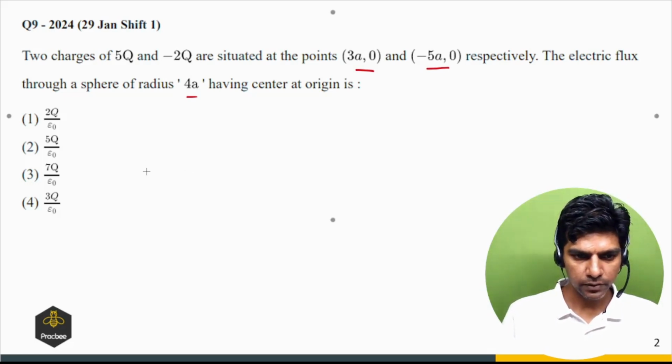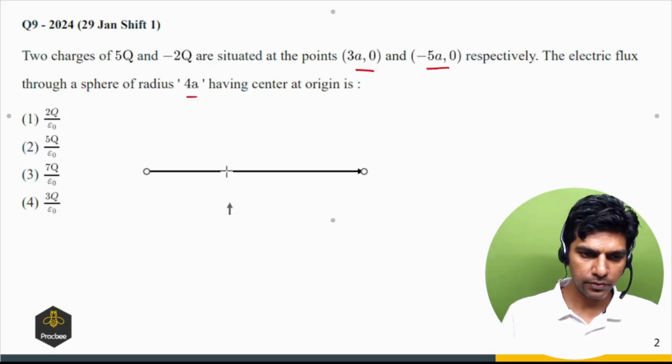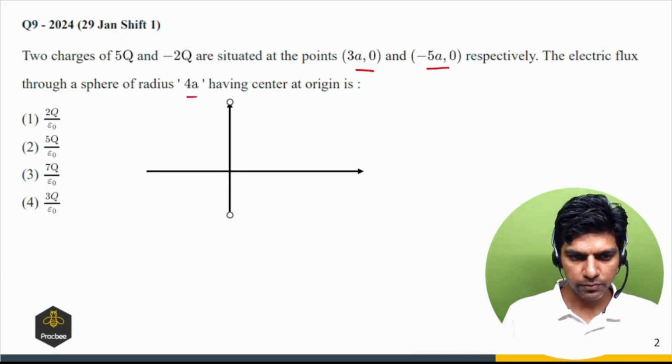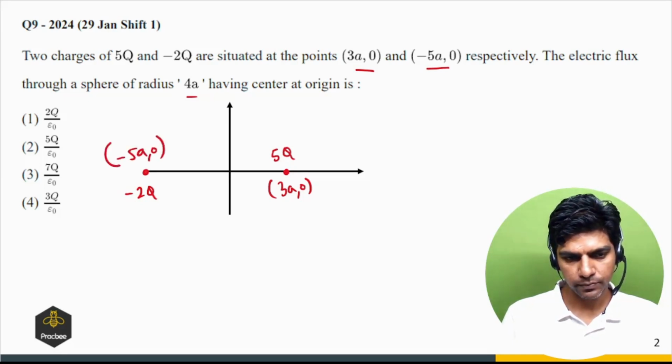So this is the x-axis, and let us say this is the y-axis, and there is a charge 5q which is placed at 3a comma 0, and there is a charge minus 2q which is placed at minus 5a comma 0.